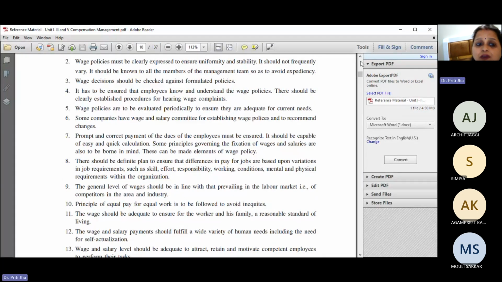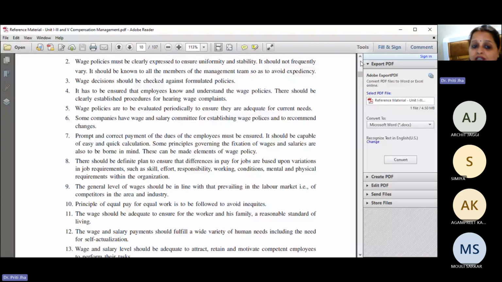Wage policies are to be evaluated periodically to ensure they are adequate for current needs. Some companies have wage and salary committee for establishing wage policies and to recommend changes. Prompt and correct payment of the dues of the employees must be ensured.